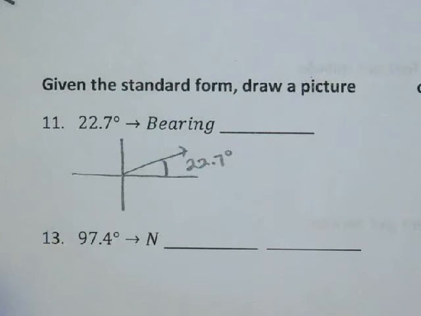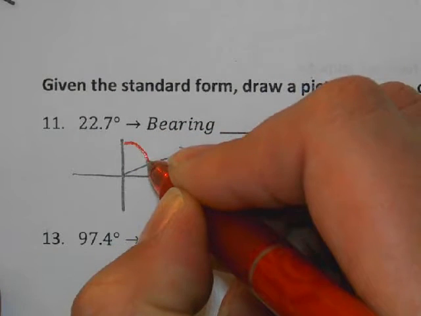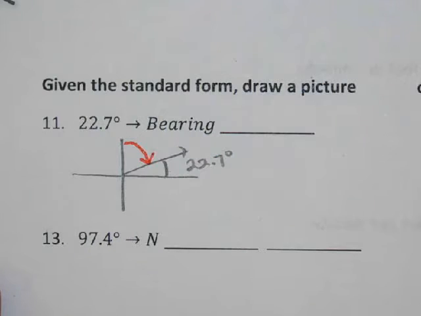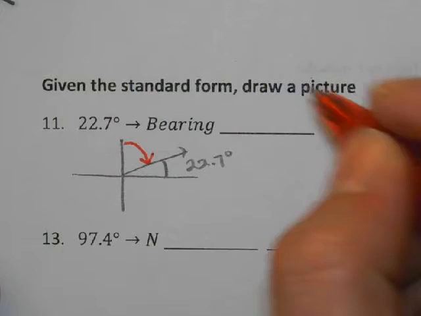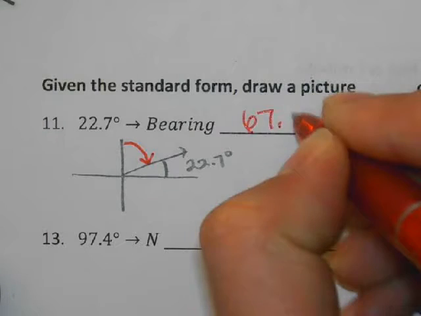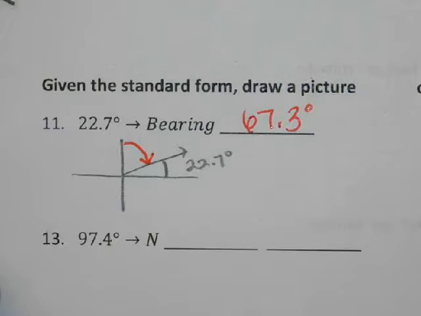And then they want us to convert it into bearing. So for bearing, we start at north and we go clockwise. Yeah, we can do 90 minus 22.7, 67.3 degrees. Okay.